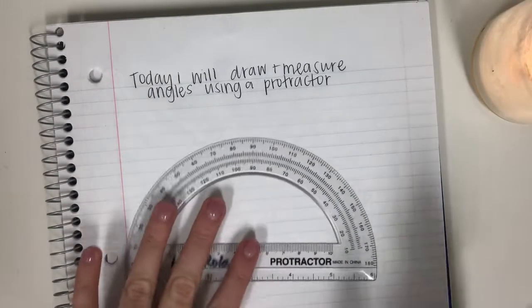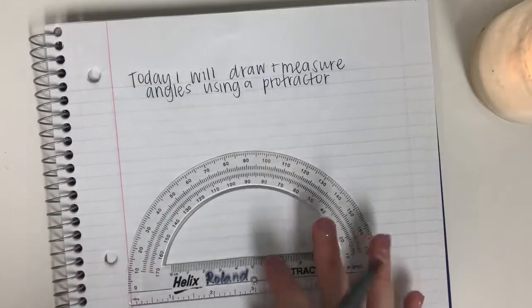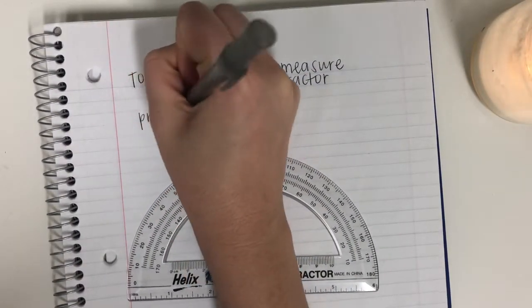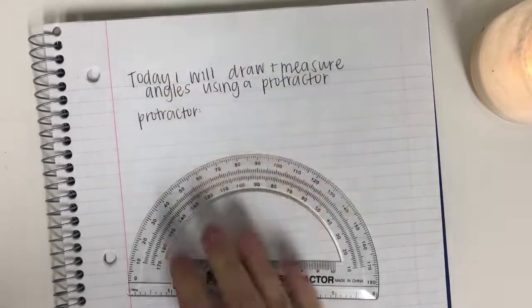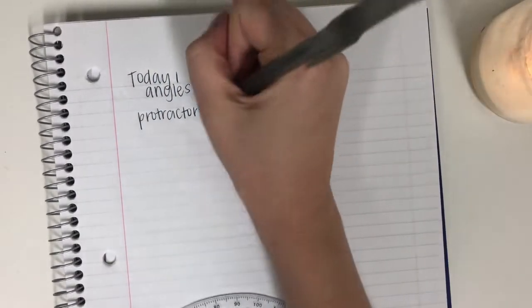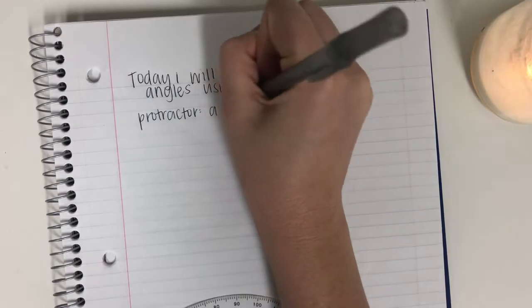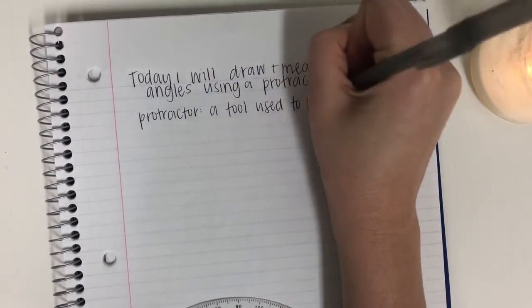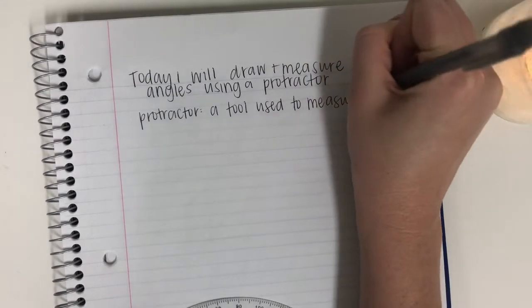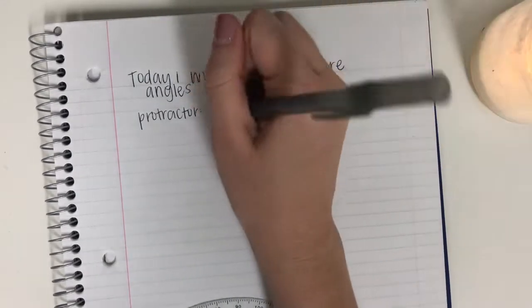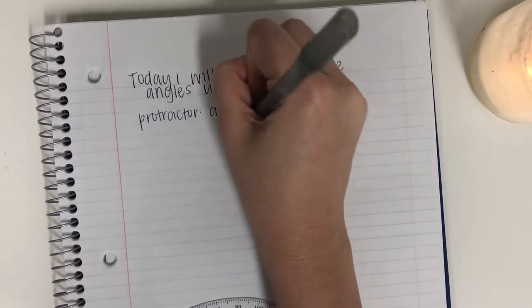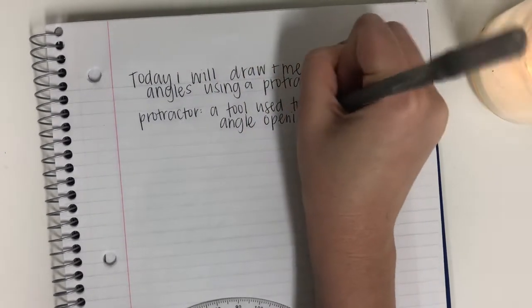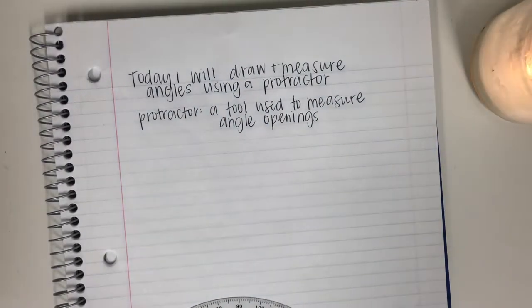Okay, so I'm just going to define what a protractor is. A protractor is a tool used to measure angle openings.